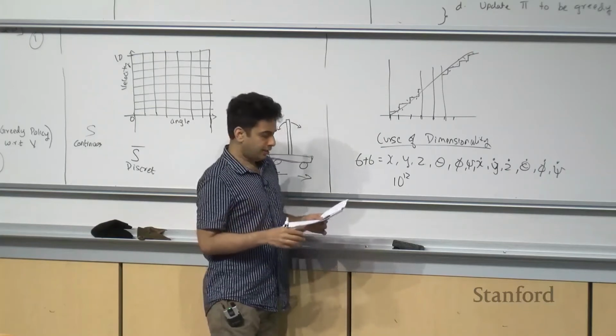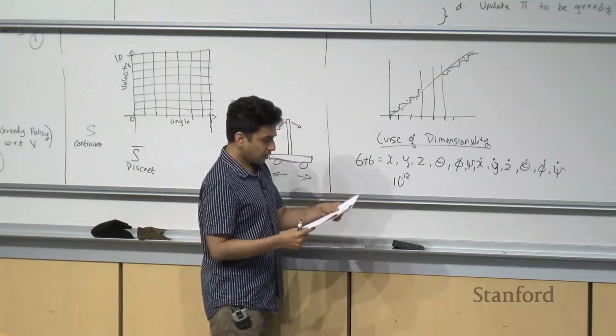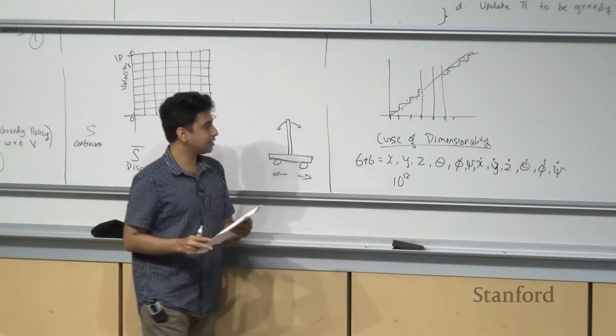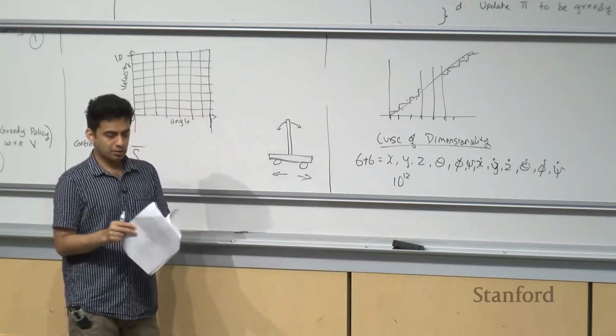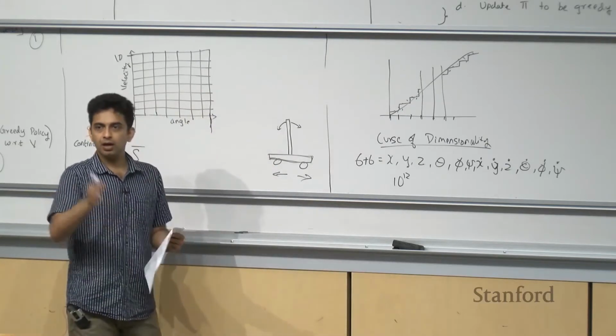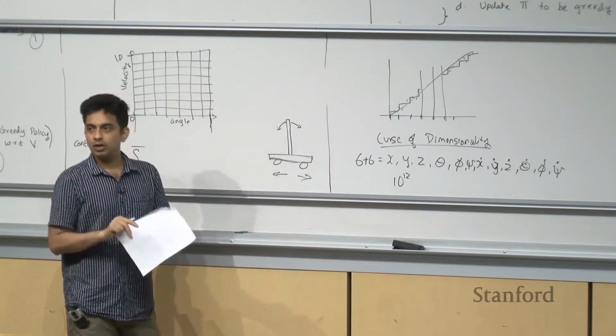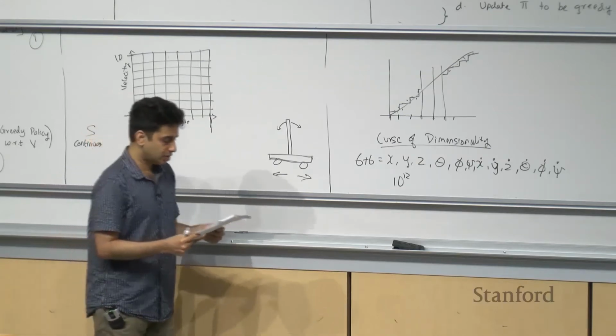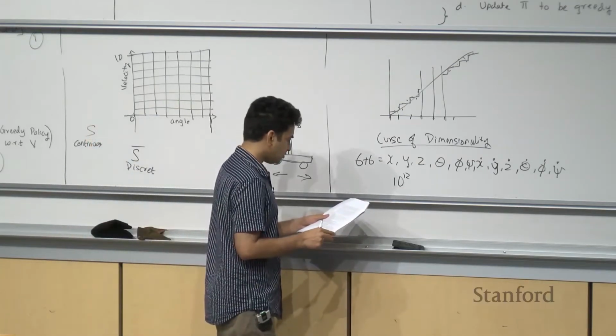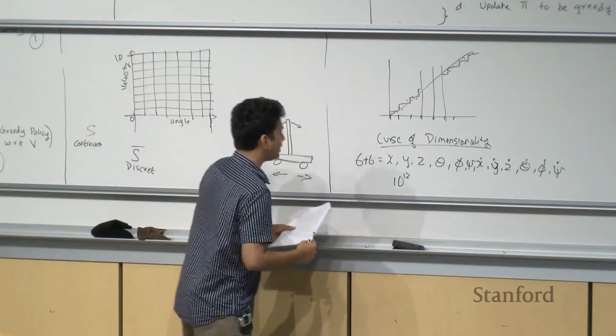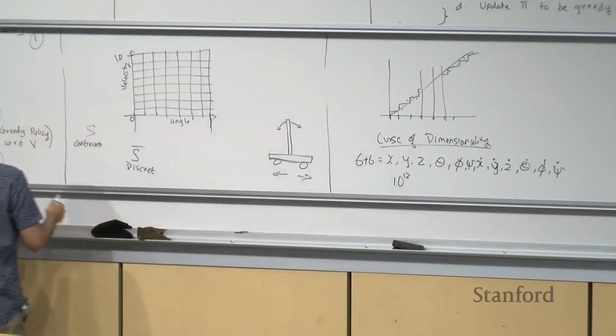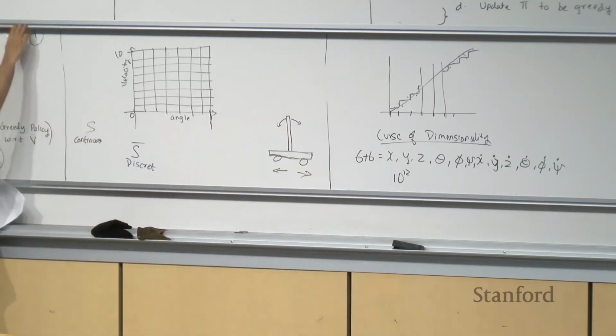That's probably one of the biggest limitations of discretization, because as you add components to your state space, the number of states just explodes. And that brings us to what is called value function approximation.